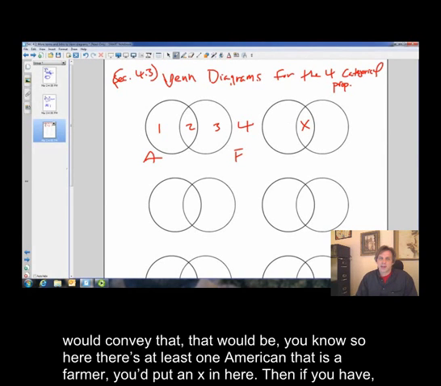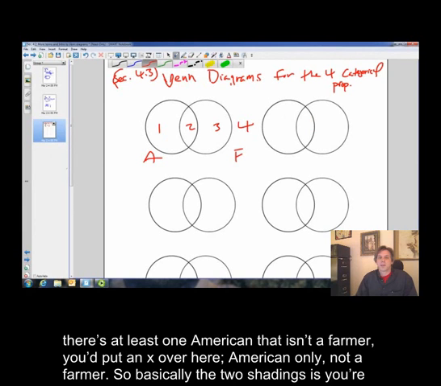Here, there's at least one American that is a farmer, you'd put an X in here. Then if you had there's at least one American that isn't a farmer, you'd put an X over here.